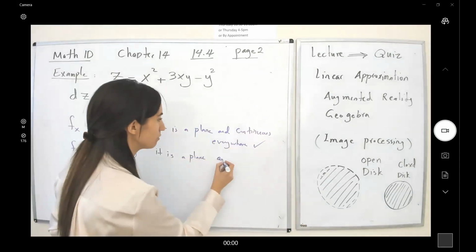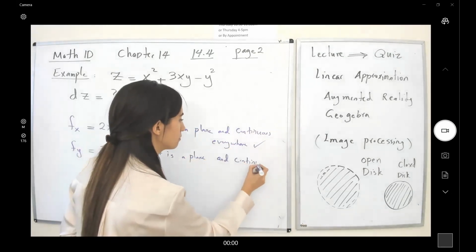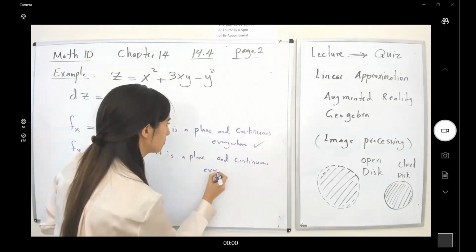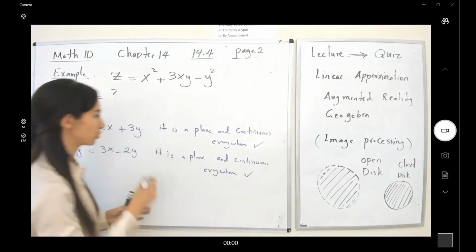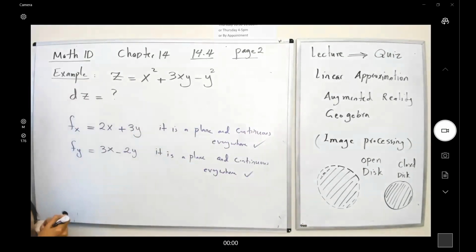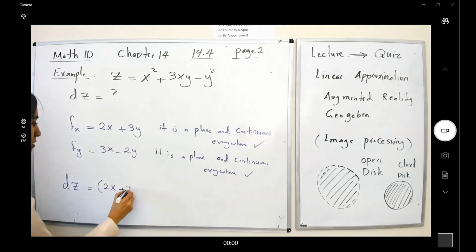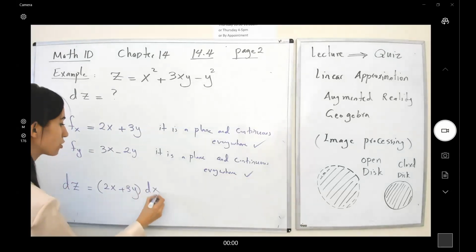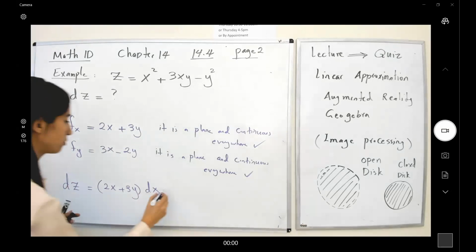It is continuous everywhere. So these two conditions are met. Now we can form the differential of this function. dz is equal to the partial derivative with respect to x, 2x plus 3y, in the direction of the x-axis, plus 3x minus 2y in the direction of the y-axis.